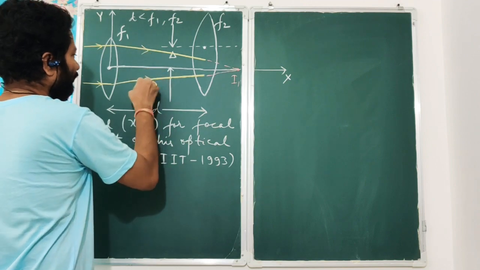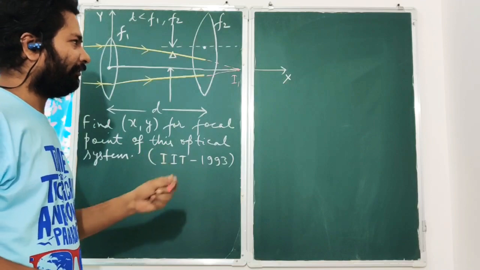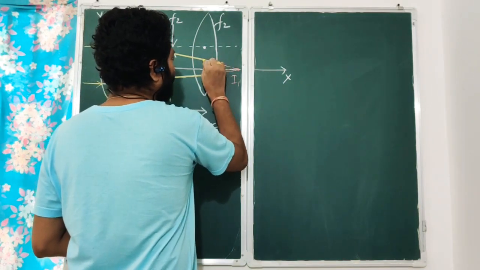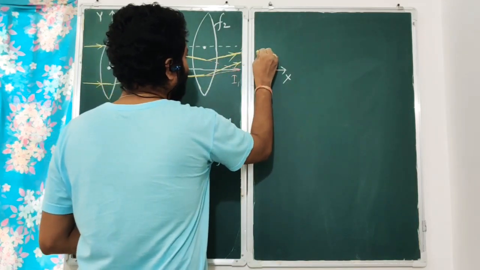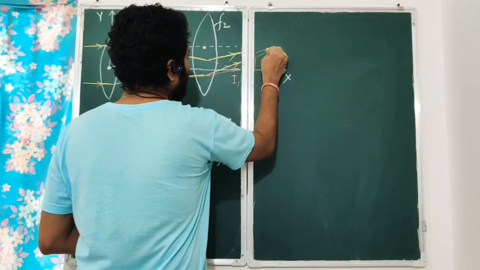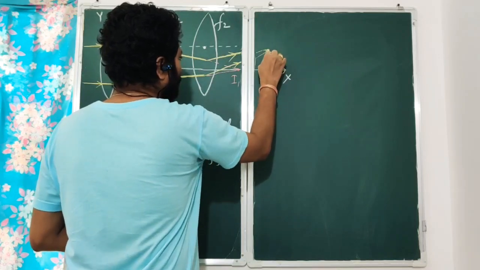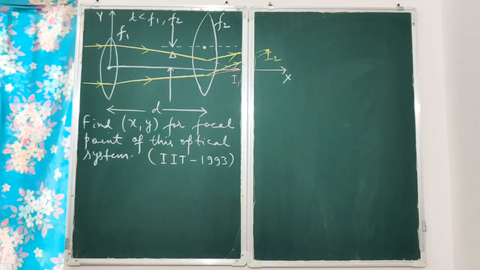But since this ray of light is passing through the second lens, what will this second lens do? It will again try to converge this ray of light towards some other point. So again this ray of light will move on and it will get converged somewhere here. So the final image will get formed at this position, which is I2.